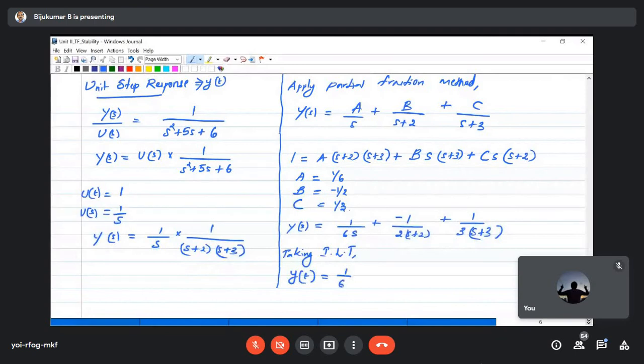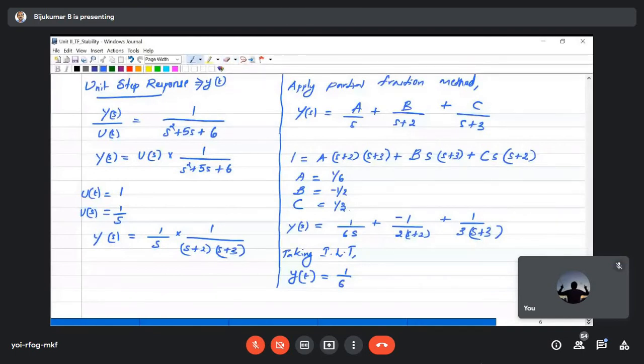The Laplace inverse of 1/s is 1, right? So 1/6 plus, this will come. The Laplace inverse of 1/(s + 2) is e^(-2t).